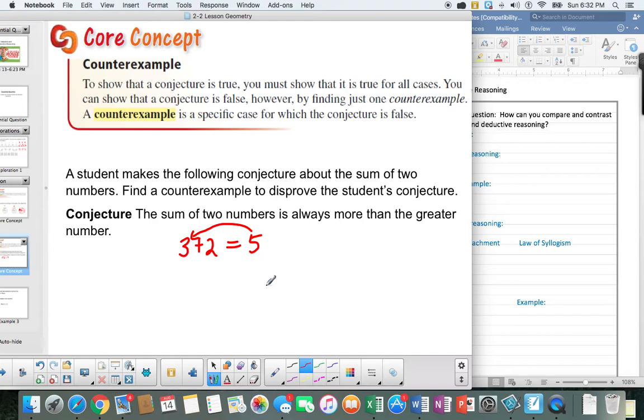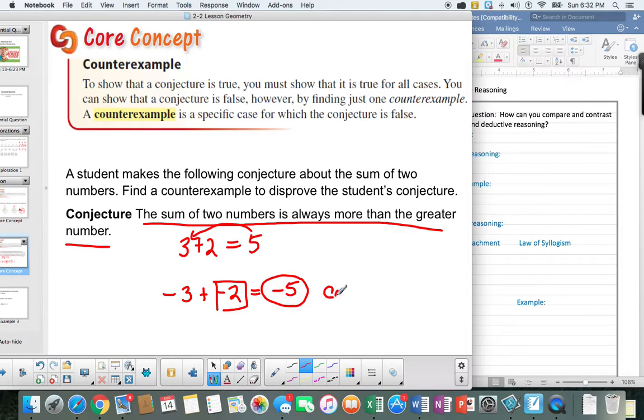I'm trying to prove that this is false. And so let me think about using numbers that are maybe not positive, like instead -3 plus -2 equals -5. Now we know that this number is less than the greater of these two. This is the greater of the two numbers. And I am showing that this sentence does not make sense.